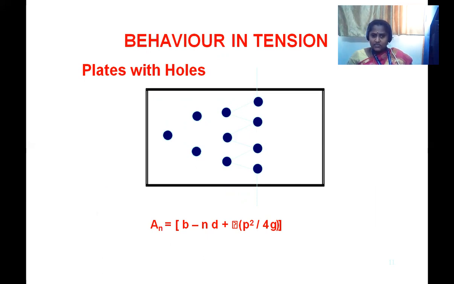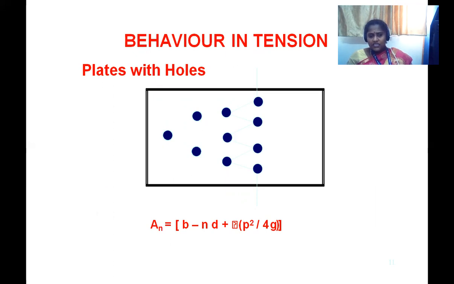The major difference is, while designing the connections, you have to decide the diameter of the bolt as well as the number of bolts required, and how you are going to locate them. See here, in this picture, you could see 10 bolts altogether. So straight away you can go for 4, 4, 2 or 5, 5. With that you can finish it off.